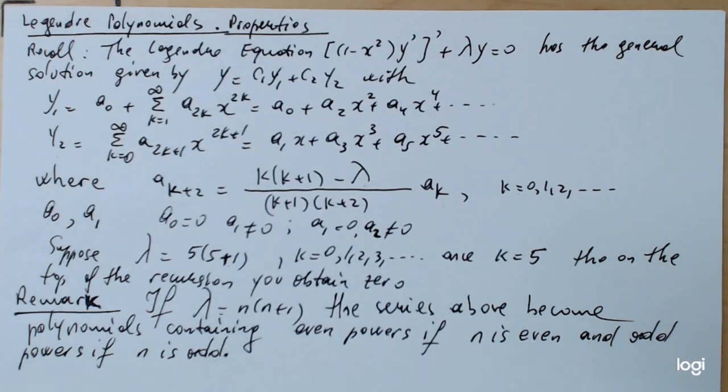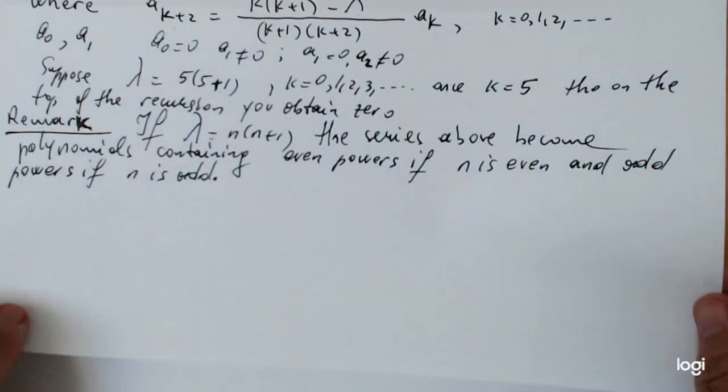So actually, let's illustrate briefly with a couple of examples how this summation stops, and then we're going to continue with some other properties of the Legendre polynomials. Let's write again the recursion so we can have it in front of us.